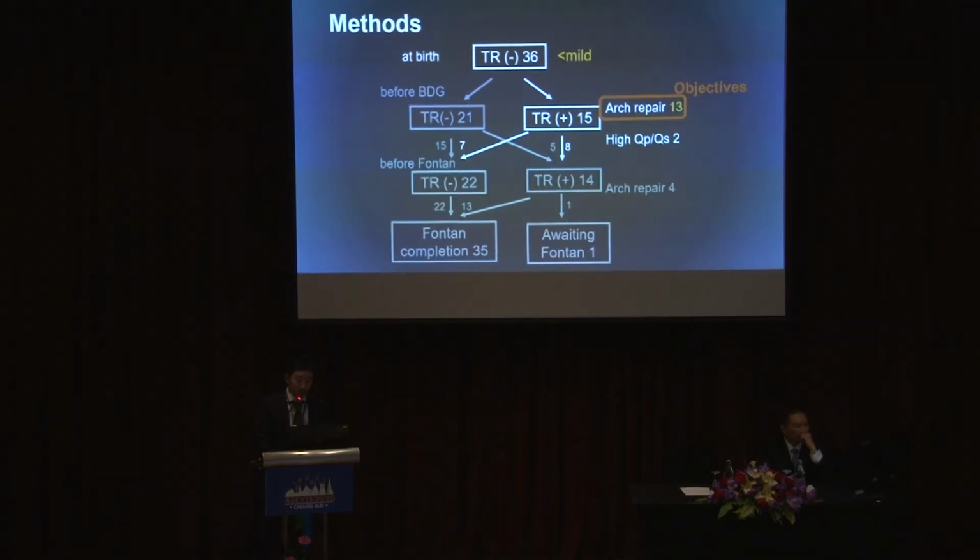You can see that 30 patients had arch repair because of the recoarctation, and the other 2 patients did not have any recoarctation, but their QP by QS was very high, like 1.2 or 1.5. So maybe the TR was exacerbated because of the unprotected RVPA conduit.